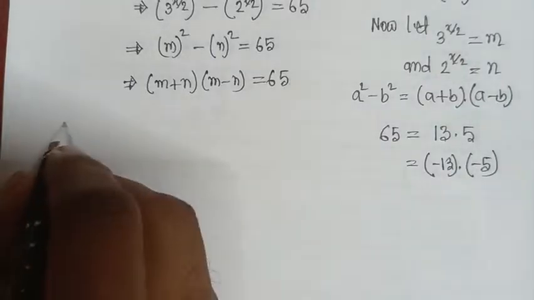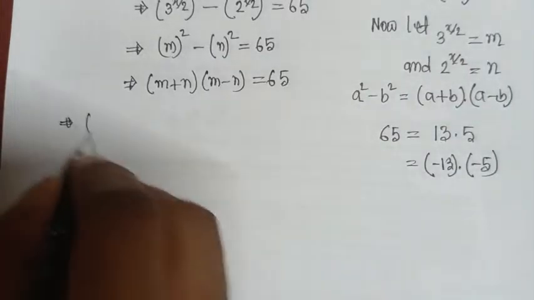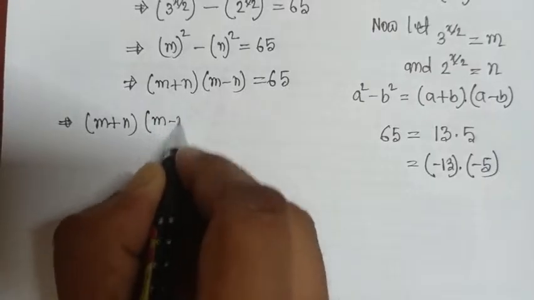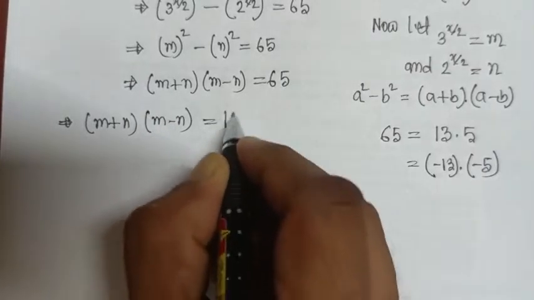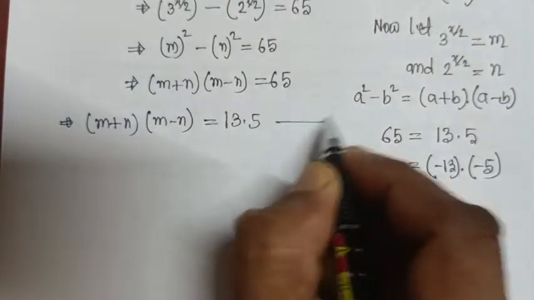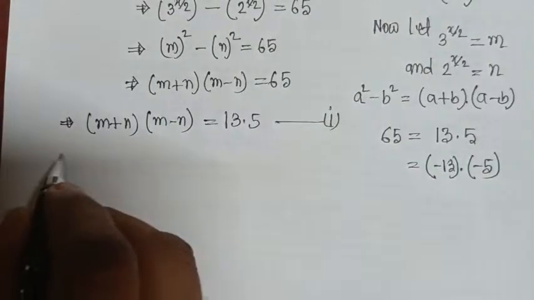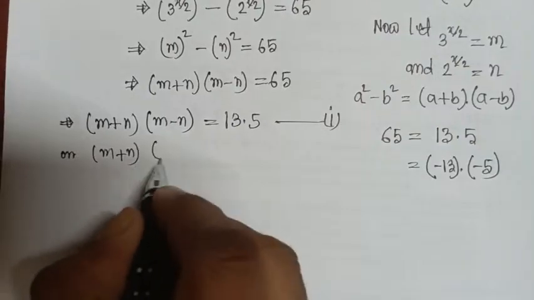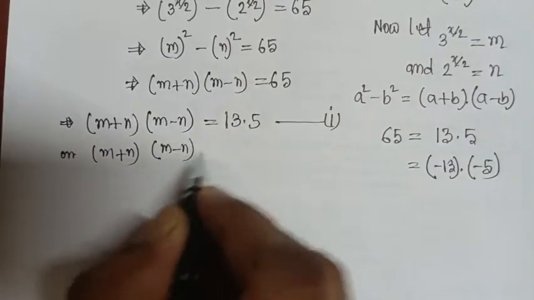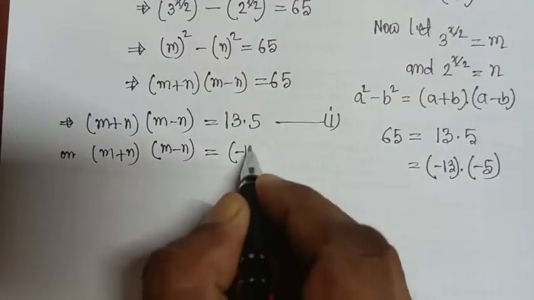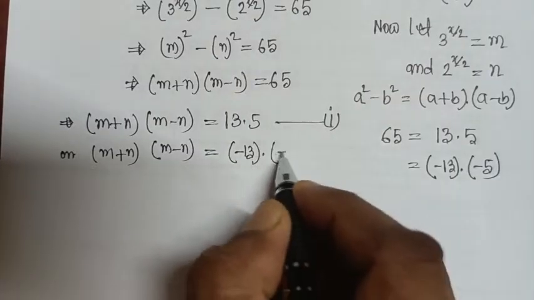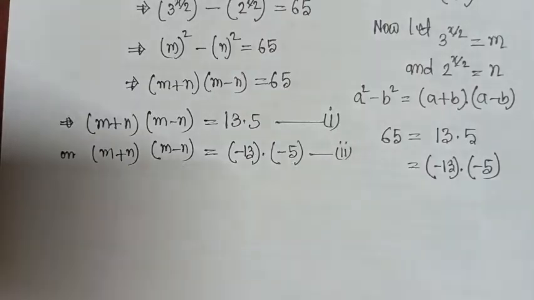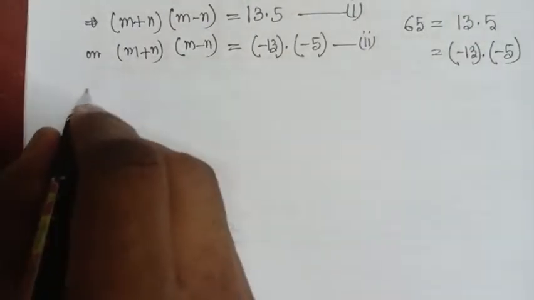So it becomes like this: (m plus n) into (m minus n) is equal to 13 into 5, equation 1, or (m plus n) into (m minus n) equals minus 13 into minus 5, that can be expressed as equation 2.